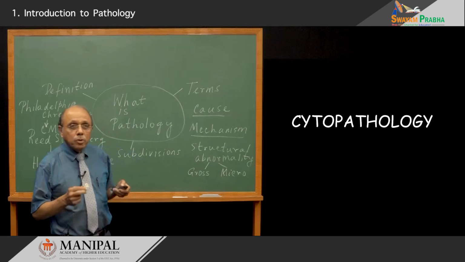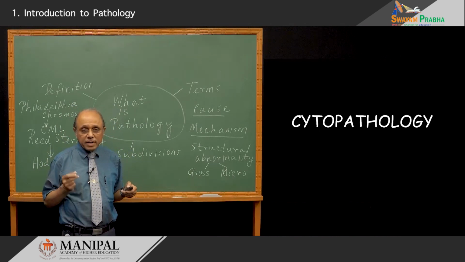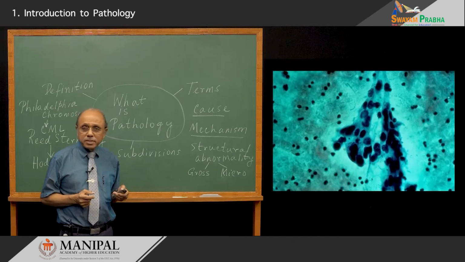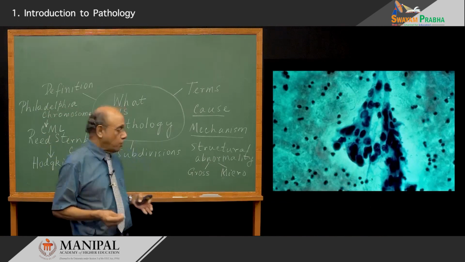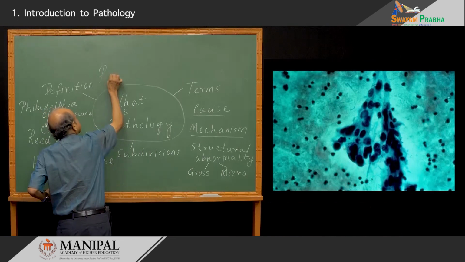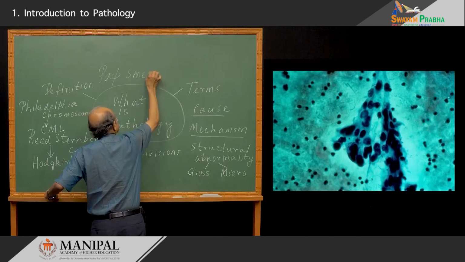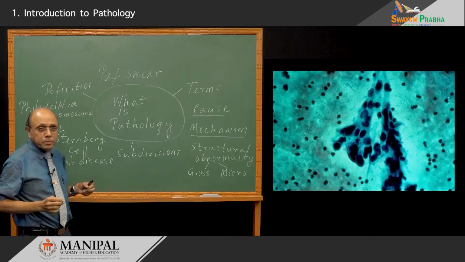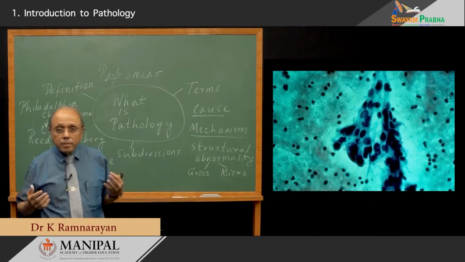When you look at cells alone, cells individually studied, that will be cytopathology. This is the second major branch of pathology. You see the cluster of cancer cells, and this is often diagnosed by what is known as the Pap Smear. Many countries have Pap Smear as a requirement for women.